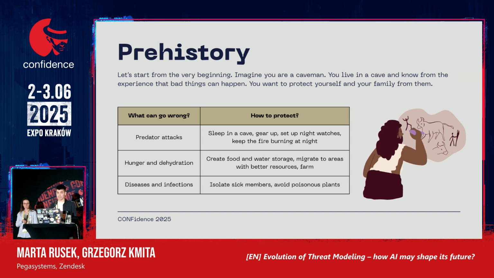And what you can do, you can sleep in a cave. So they did that. You can die out of hunger or dehydration. So you eventually start to farm to bring food closer to your place. You can also suffer from diseases or infections, and you learn to avoid poisonous plants and isolate sick members because you know that they can spread the disease.